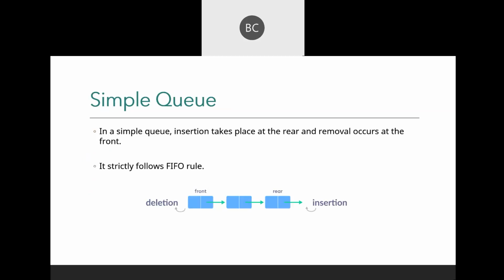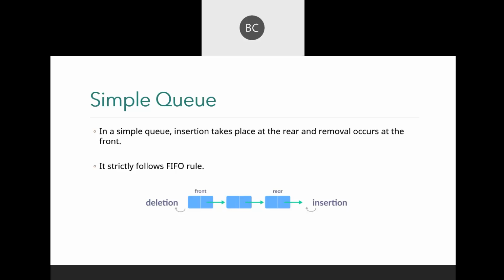So simple queue, you guys already know. What is a simple queue? Insertion and deletion can take place from one end only. So if you want to delete something, you will delete from the front, and if you want to add something, you can add from the rear end.